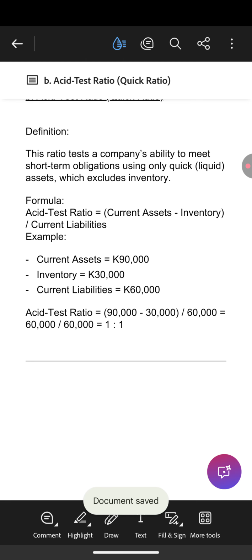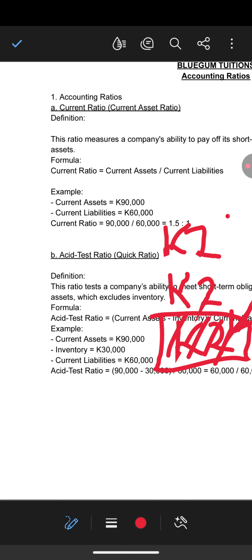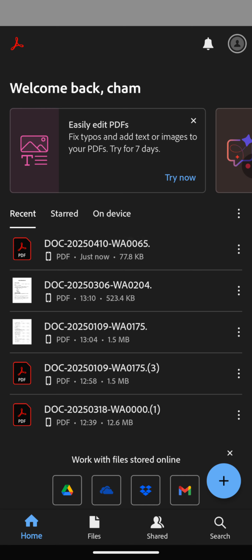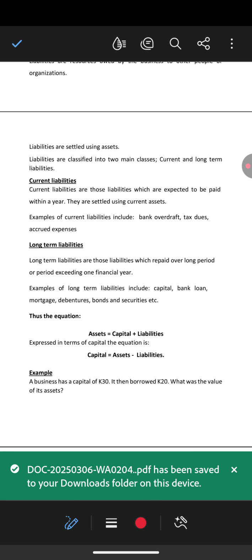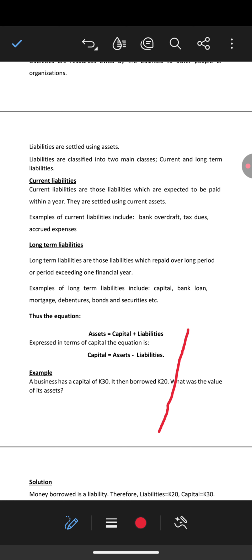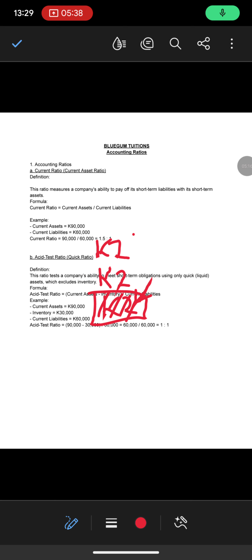Okay, so just like the current ratio, the mathematics is just the same. The formula for acid test ratio is you have to get current assets.